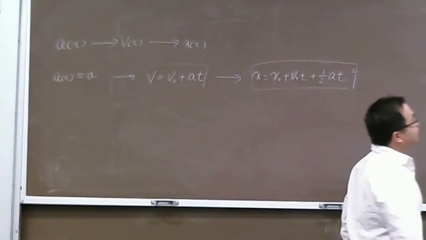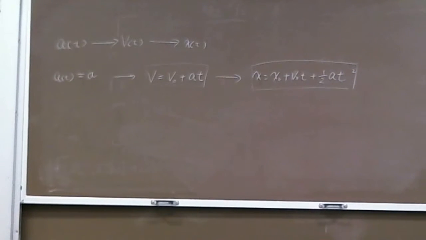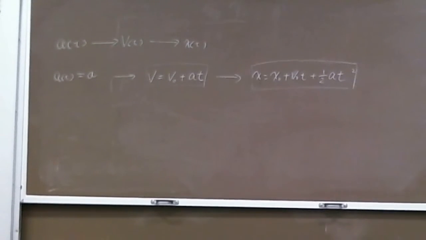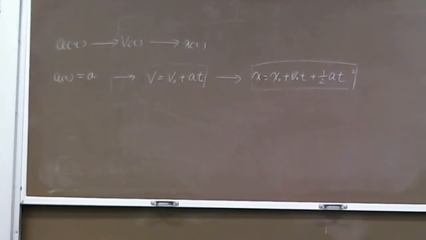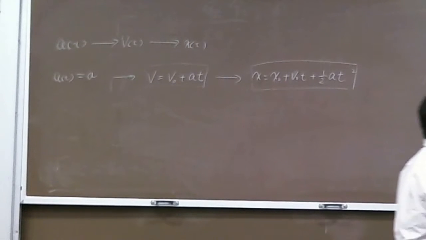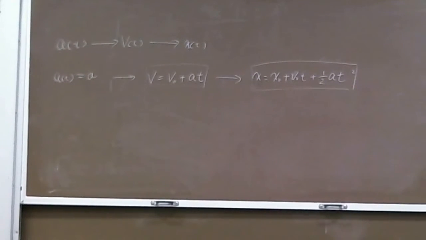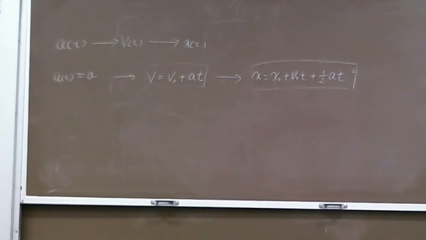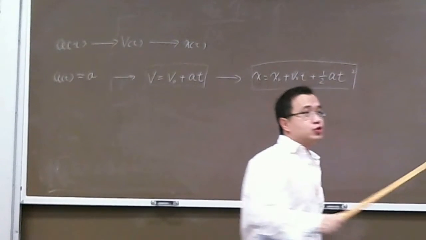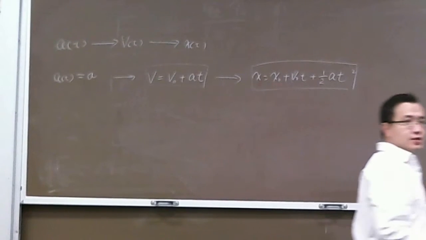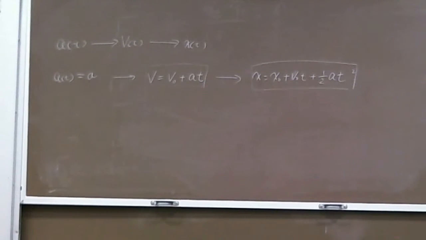And to simplify some of our problems, we introduce two auxiliary kinematic equations, this one and this one. And these two can be derived from these two fundamental equations by some algebraic manipulation. Okay. I will leave this process for you to do by yourself.